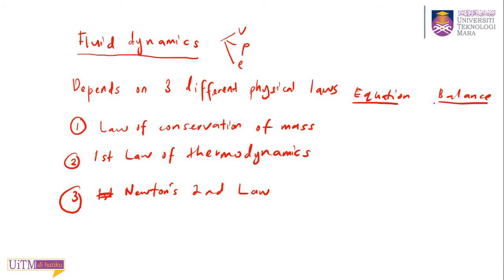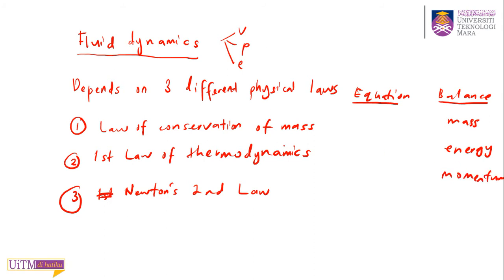For the law of conservation of mass, the mass is balanced, because you conserve the mass. The second one, the first law of thermodynamics, is regarding the energy, so you conserve and balance your energy. And the last one, Newton's second law, is about balancing the momentum.